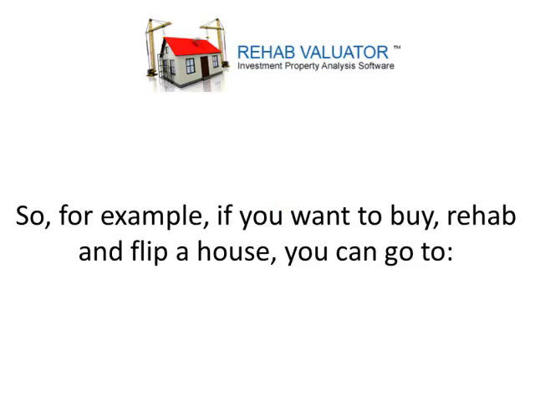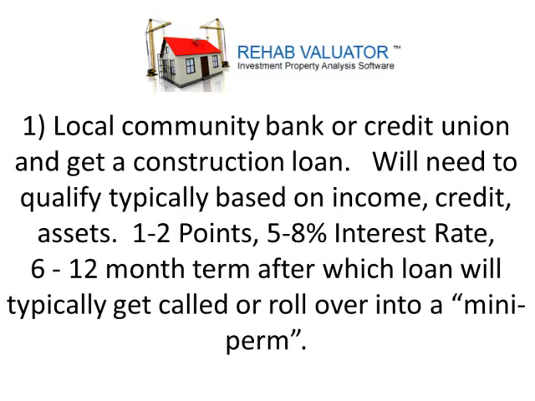So, for example, if you want to buy, rehab, and flip a house, other than obviously doing it with cash, here are your 3 most common options. One, you can go to a local community bank or credit union and get a construction loan. You will need, again, to qualify typically based on income, credit, assets, etc. You'll pay 1 to 2 points, and these days I'm seeing interest rates of 5 to 8%.